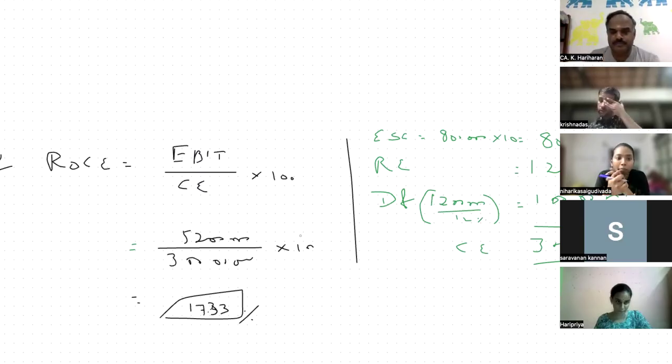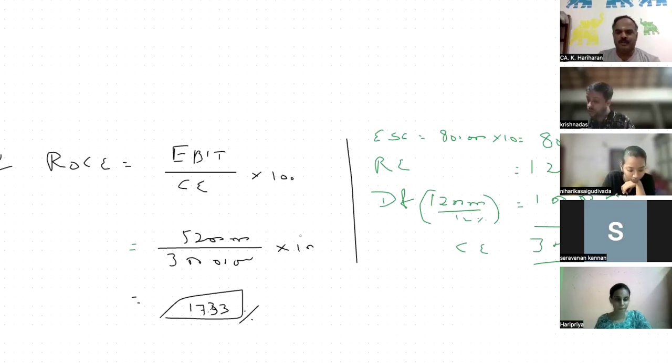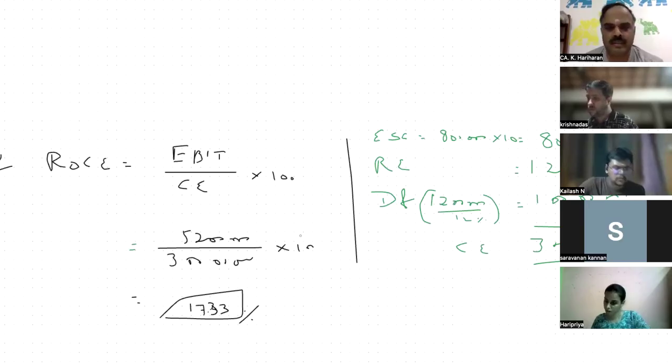Multiply 3 crore 40 lakhs by the return on capital employed of 17.33% and see what comes.